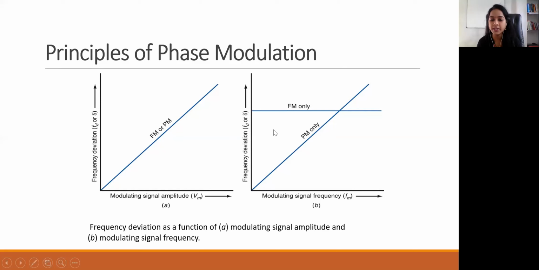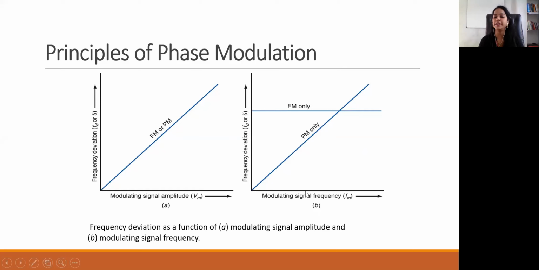And here, if we have modulating signal frequency, this is called FM. Here the phase varies sinusoidally, but here the frequency always changes with the modulating signal.